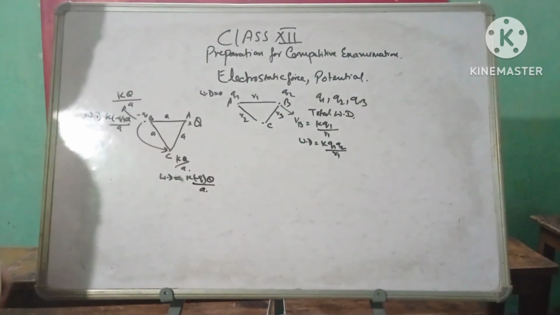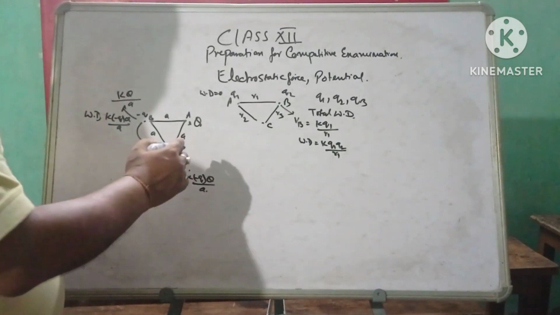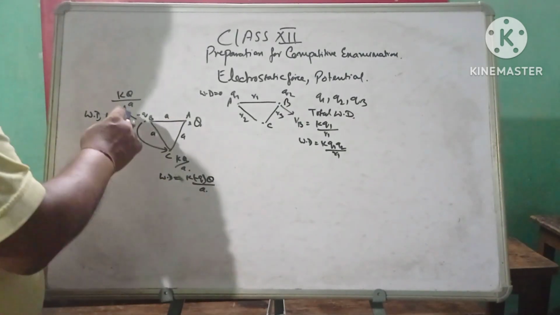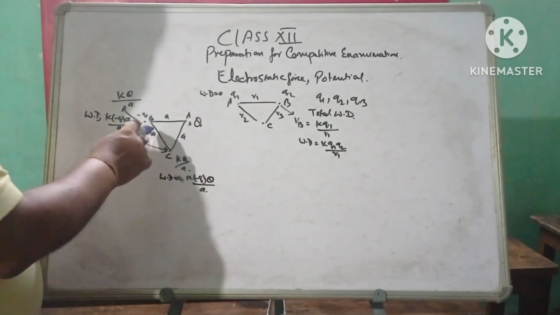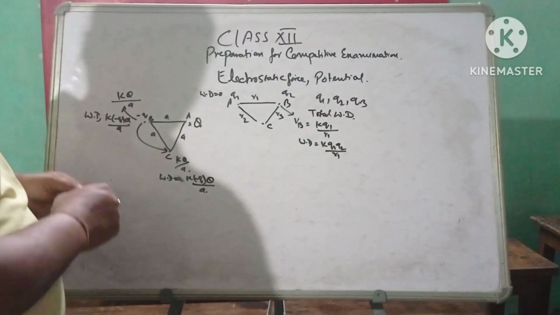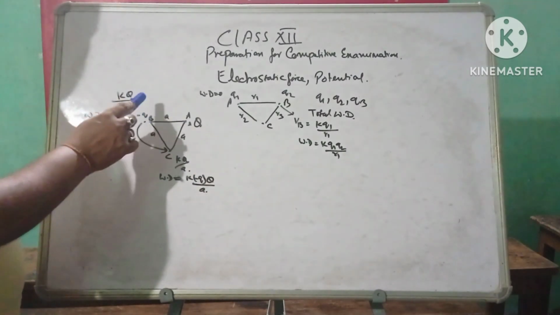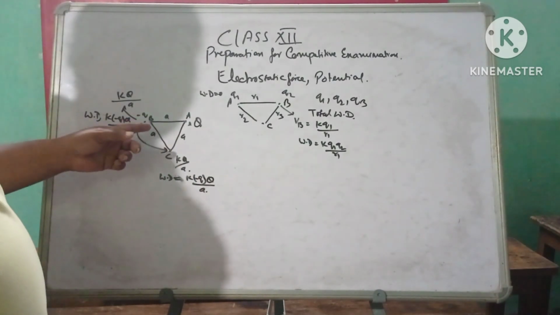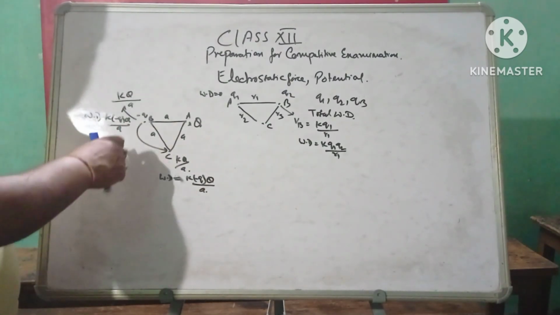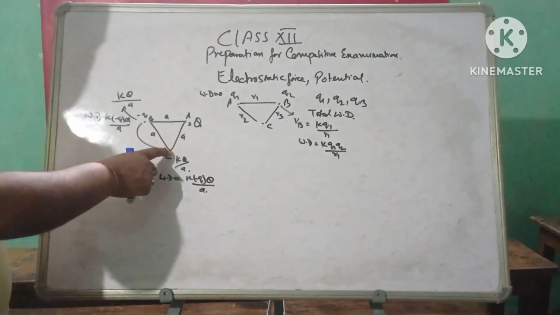So here again we see that because of this factor, the work done will remain the same when we bring the charge from here to here. The work done here, here, and here will remain the same, because we are bringing this Q to this point.